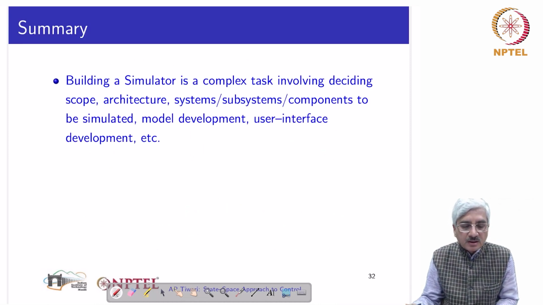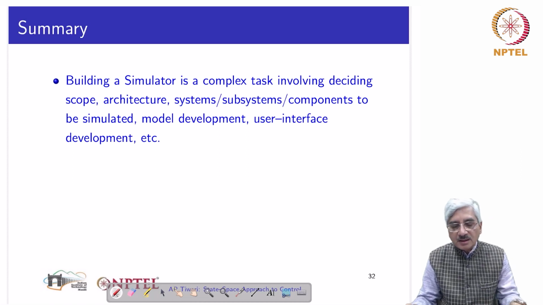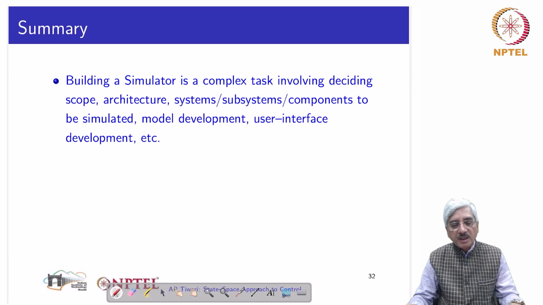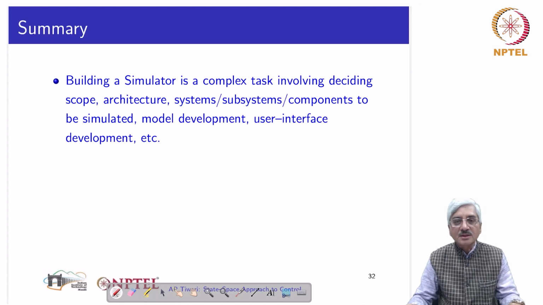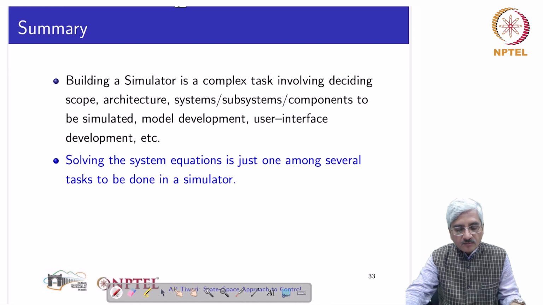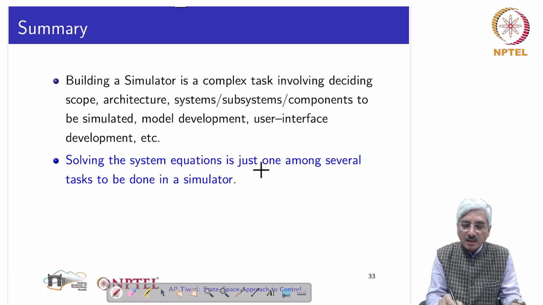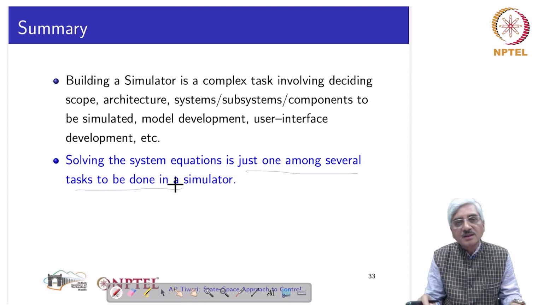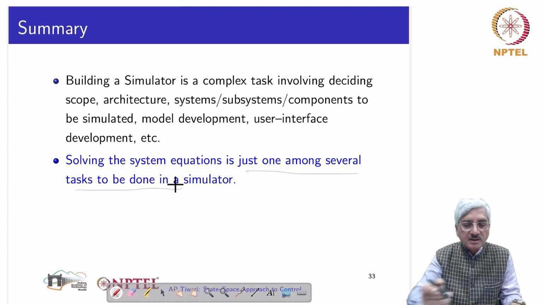With that, we summarize. Building a simulator is a complex task involving deciding scope, architecture, system and subsystem components to be simulated, model development, user interface development, and so on. Solving the system equations and projecting the results is just one among several tasks to be done in a simulator, as we saw.